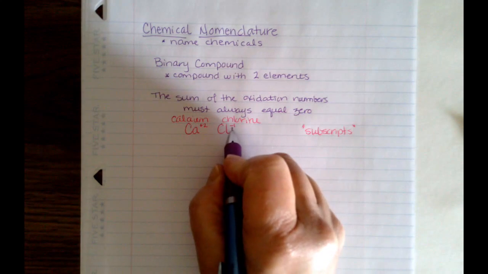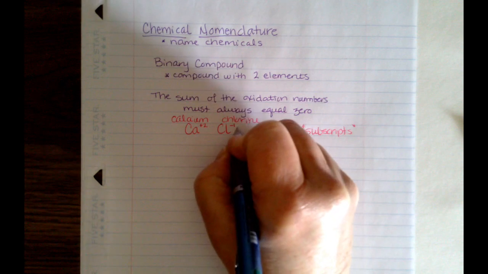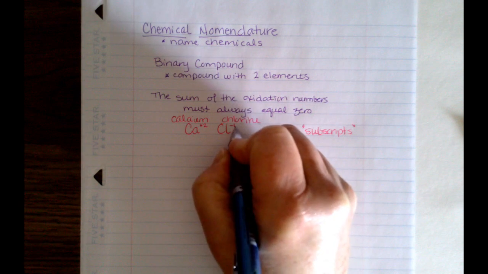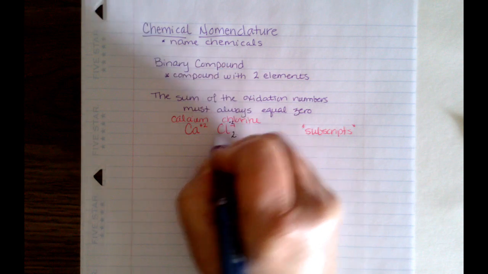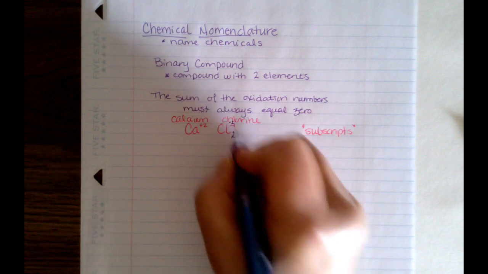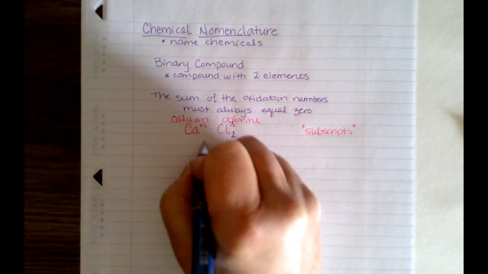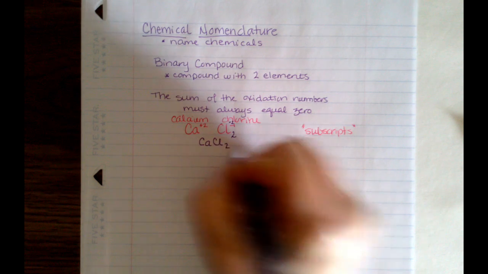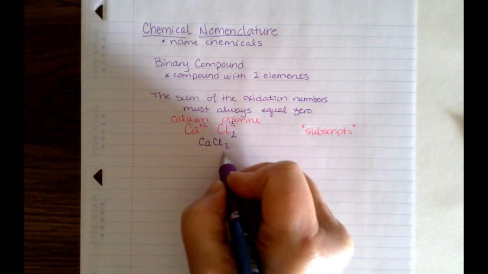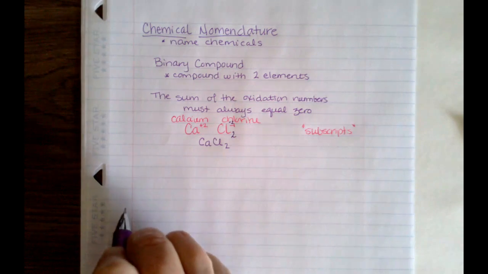If I take this one times 2, notice then that 2 times -1 is -2, and I have a +2 and a -2 together, and I have 0. So my formula would be CaCl2, because I need 2 chlorines for every calcium.